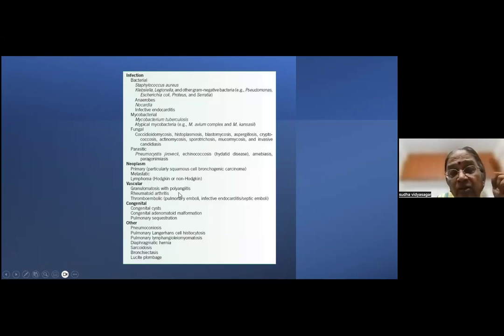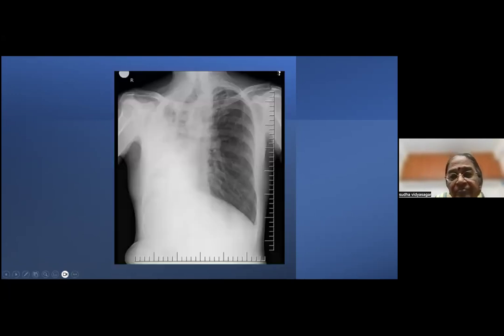And there you said about the GPA, the rheumatoid, thromboembolic emboli can be there. And then congenital cyst, pulmonary sequestration, which is a rare condition. Okay. And of course, pneumoconiosis, then PLCH and all this stuff. These are rarer causes. Okay. Bronchiectasis, like what we said. So that's a whole list of cavities in the lung that you can think of.